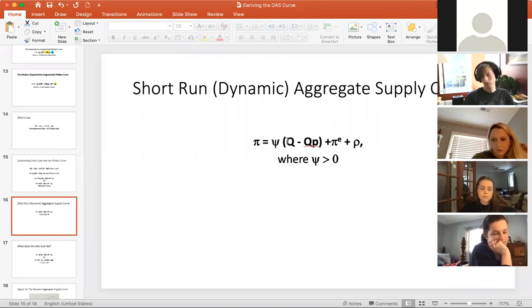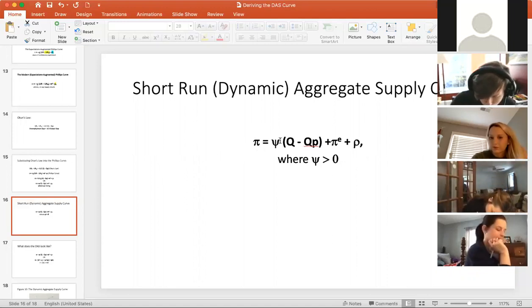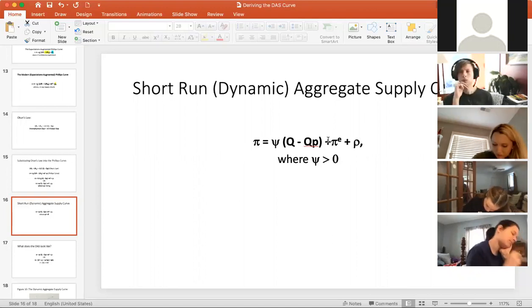So this term here reflects an aggregate demand shock. So what that tells us is the rate of inflation depends on any aggregate demand shock, any aggregate supply shocks, and inflationary expectations. So even though there's a lot in these equations, it really comes down to a couple of basic points.